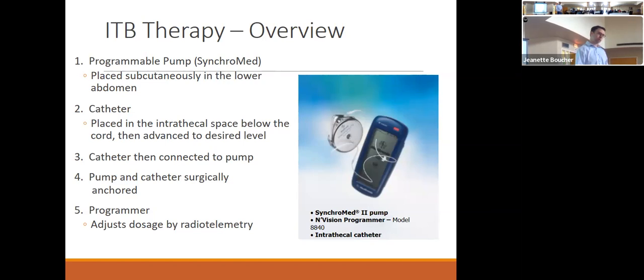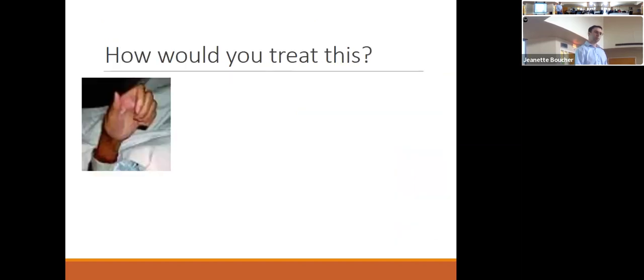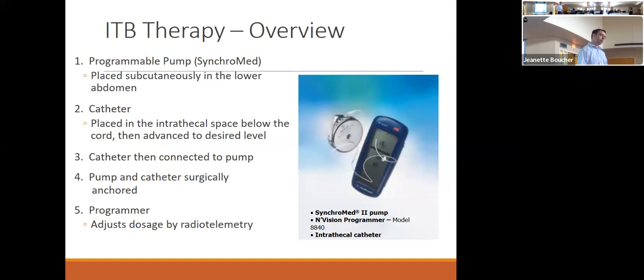This is just some of the detail regarding the pump and the programmer itself. For folks who end up getting the pump, it's a big commitment. You have to be very adherent to coming in for your refills. If you don't get the medication refilled and you were to run out, you could have some very serious side effects.